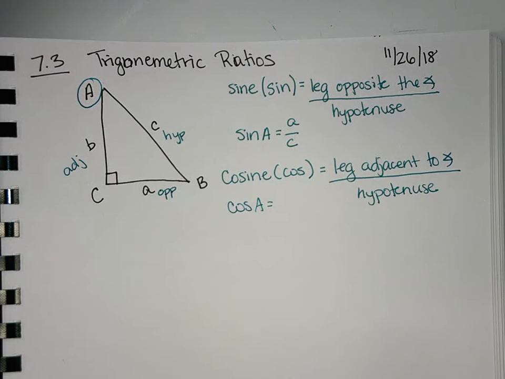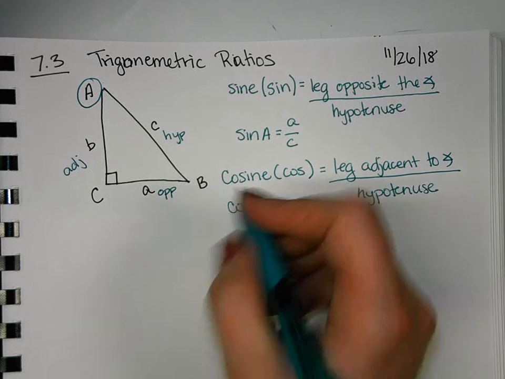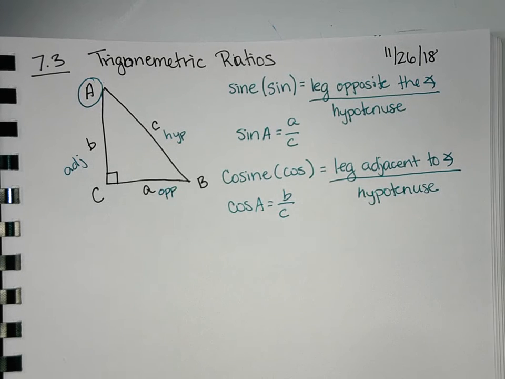So in our picture, what would cosine A be? B over C, the adjacent leg over the hypotenuse.